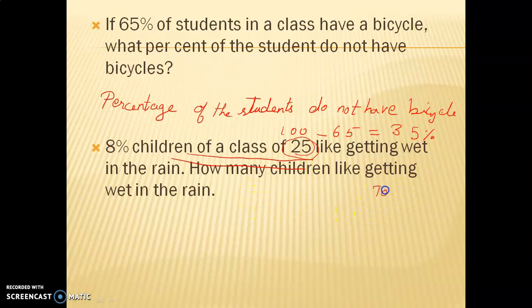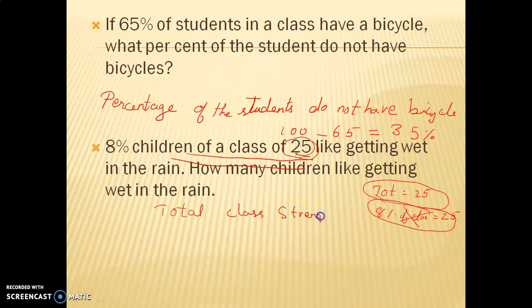Read the question. Of a class of 25. If you choose the wrong one, you may make that mistake in your exam. So be careful. This 25 means the total class strength. Total class strength is 25.